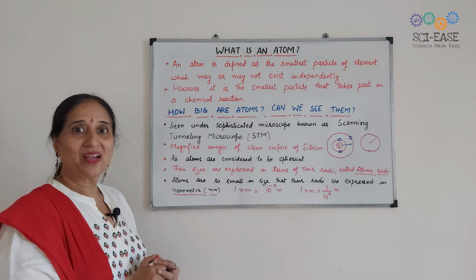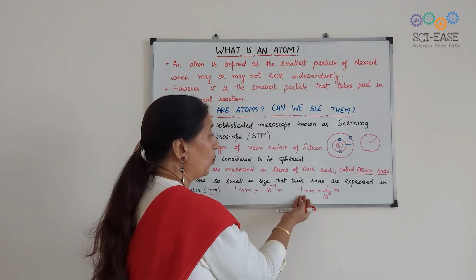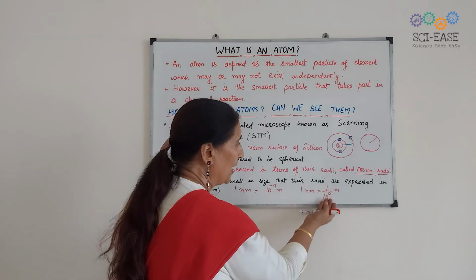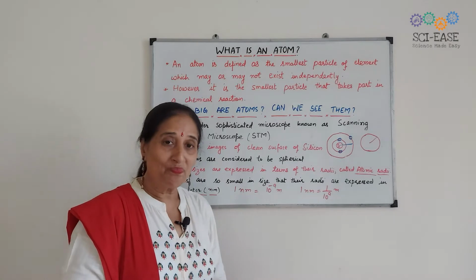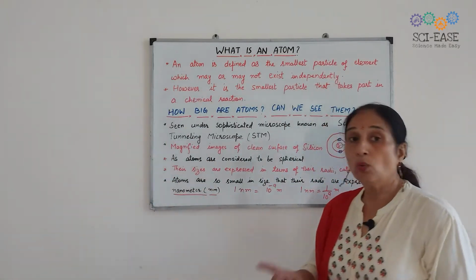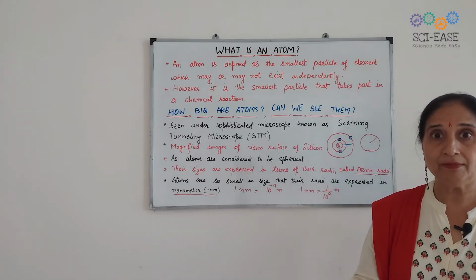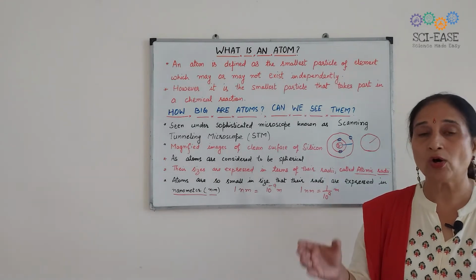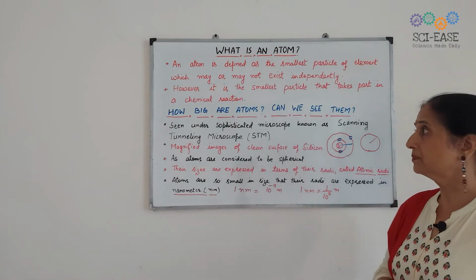Or in other words, you can write it like this: 1 nanometer is equal to 1 over 10 to the power 9 meters. So we have read about what atoms are. I have told you the definition. You should know it because they are the building blocks of all matter.